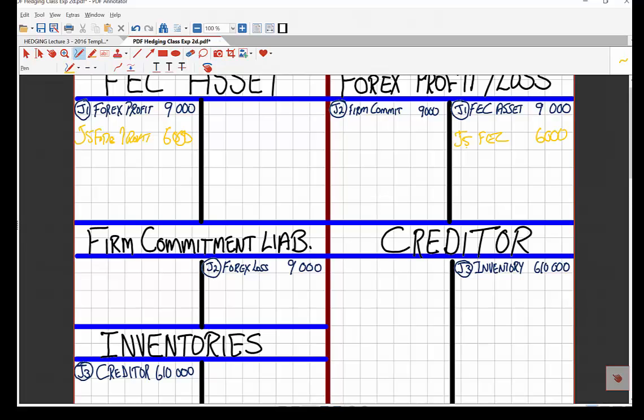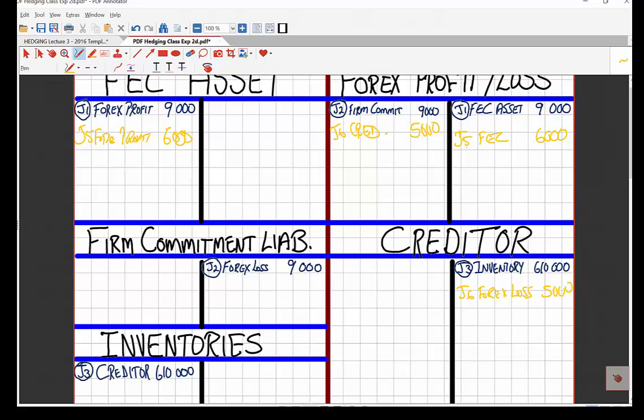As we said, we also have to restate the creditor. So for the creditor, we have journal number 6, and we say the forex loss 5,000, and journal number 6 there is your creditor, 5,000 as a loss there.